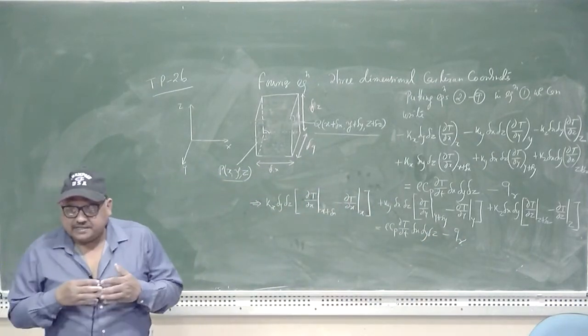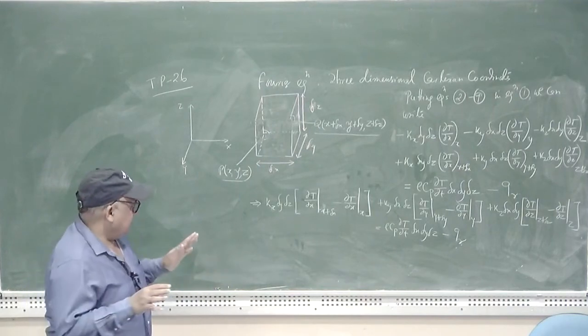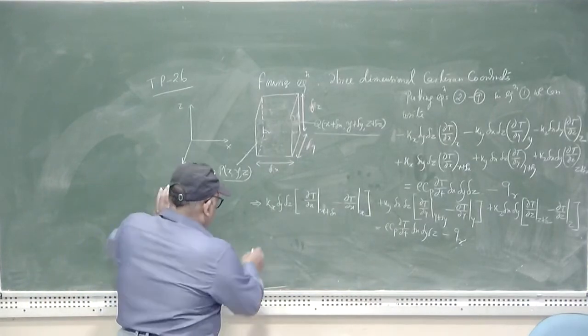Now if you divide the whole expression by delta x, delta y, delta z, then what are you finding?